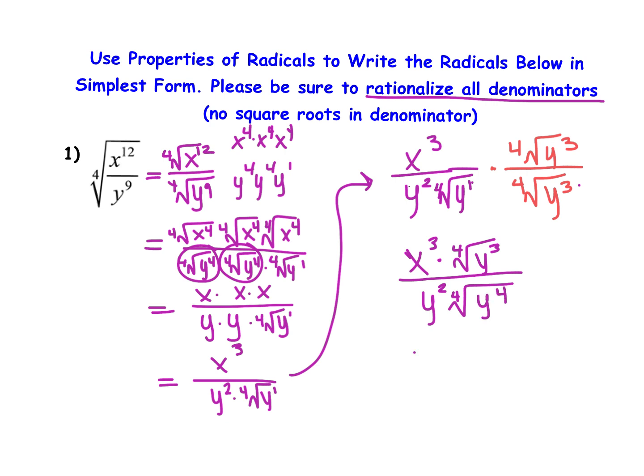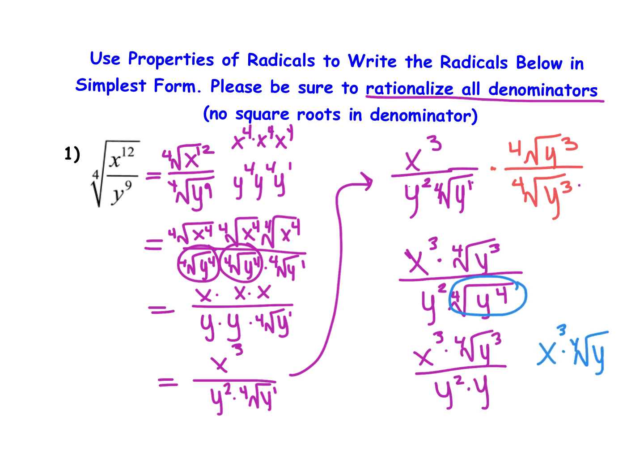So that then becomes x cubed times the fourth root of y cubed in my numerator, but then it becomes y squared times y in my denominator, because this part right here can evaluate to just be y. So my final answer here is x cubed times the fourth root of y cubed all over y cubed.